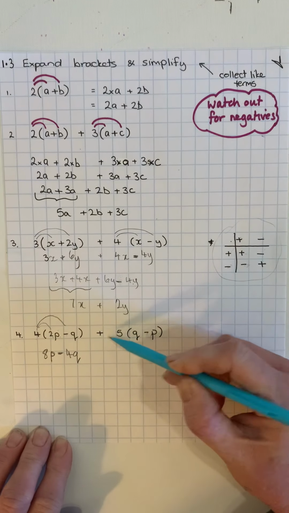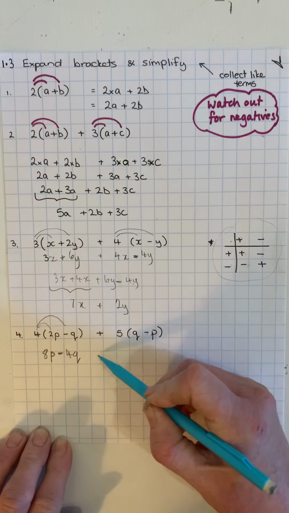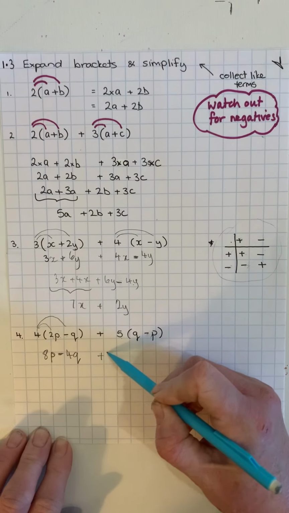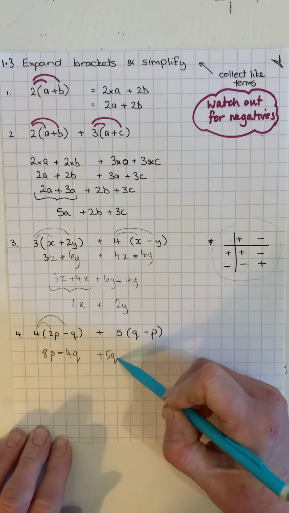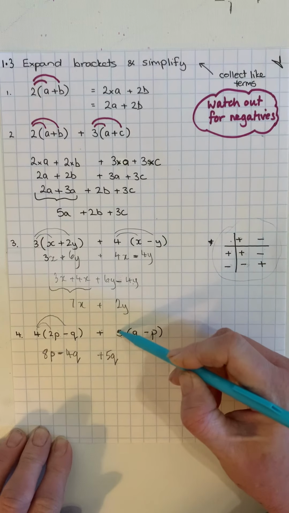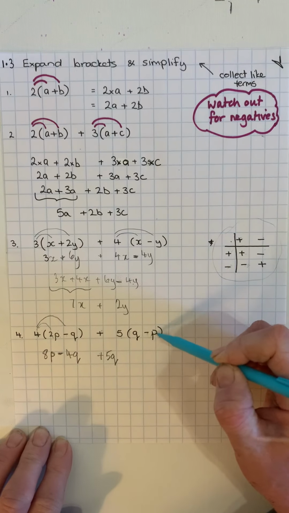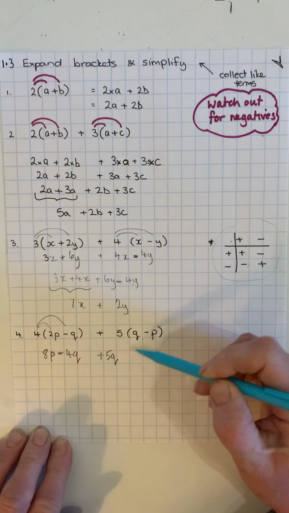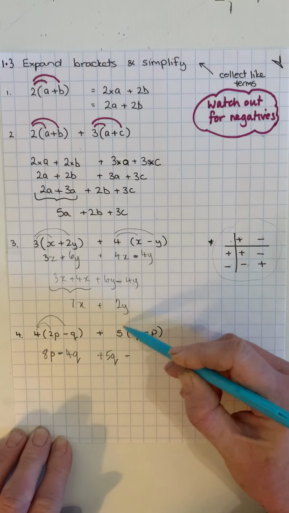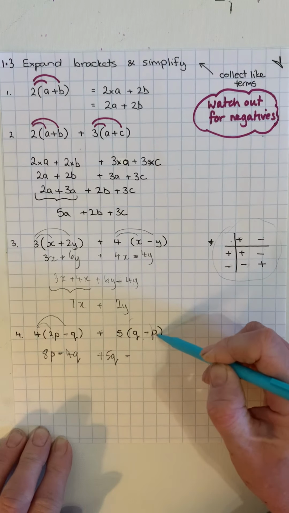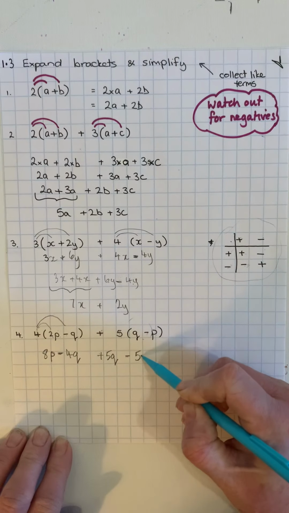Then we've got plus 5 times q. So that's going to give us plus 5q. Then we've got a positive 5 times negative p. So a plus times a negative, negative. 5 times p is 5p.